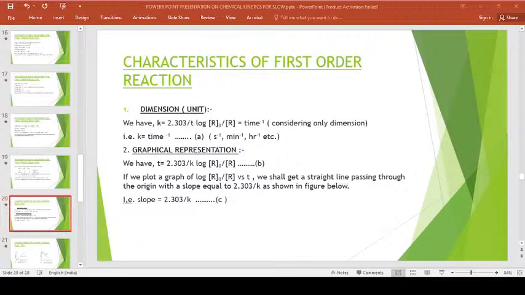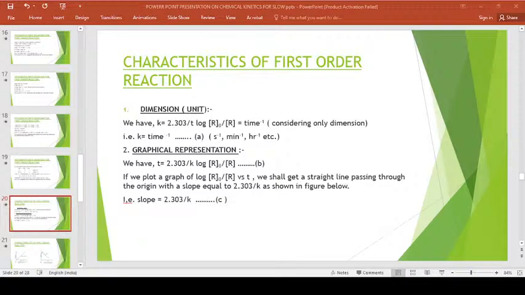So from the above expression t half equal to 0.693 divided by k, we found that half-life period is independent of R naught, but is inversely proportional to the specific rate constant.